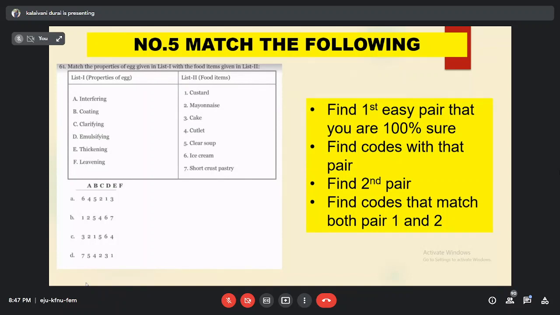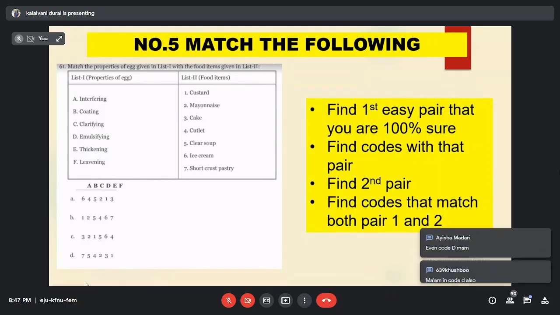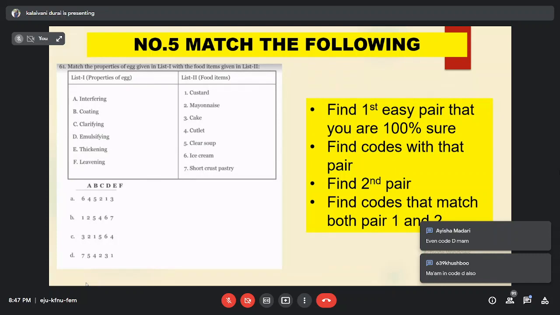So it should have been little this side. So only code A is there. Jahan pe emulsification is matched with mayonnaise. Okay. In this question, easy ho gaya tha. Actually, just in one single try only answer aa gaya. But in not all questions. Yes, correct. Option D also it's there. Right. Okay, super. This is better actually.